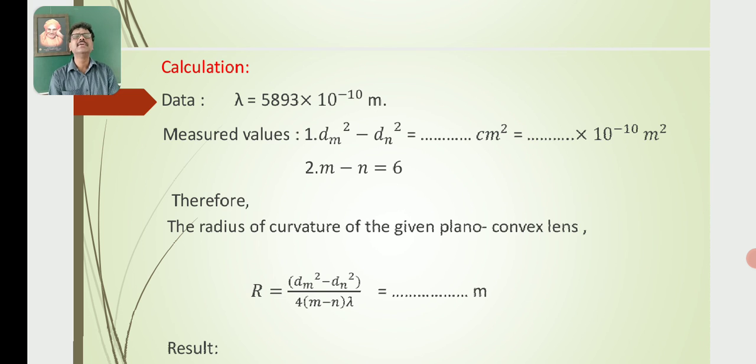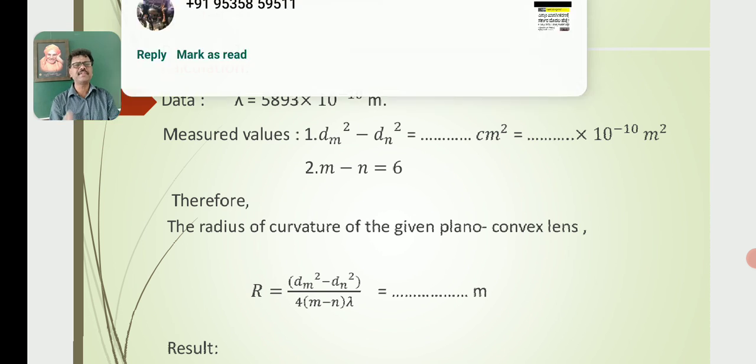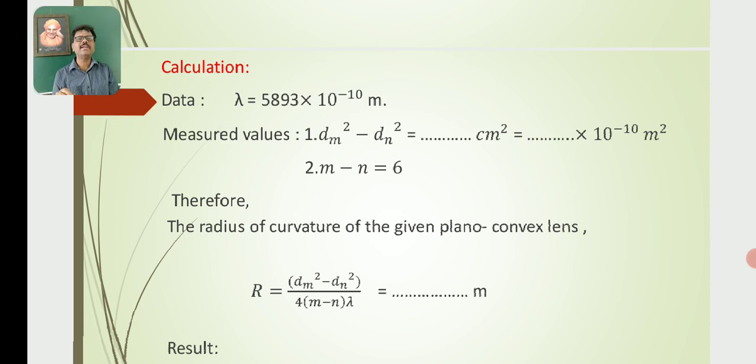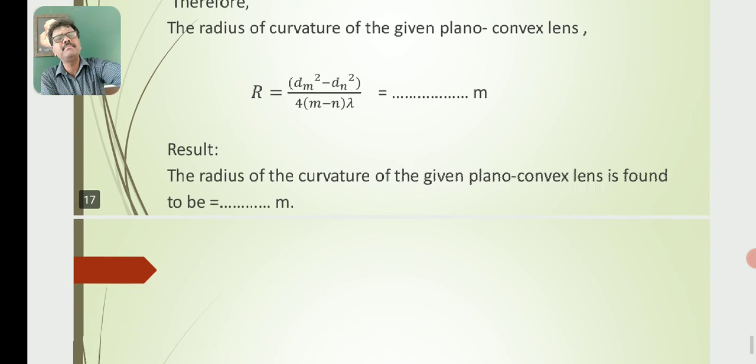Then m minus n, the difference between m and n, must be equal to 6. Therefore, the radius of curvature of the given plano convex lens can be determined with the help of the expression R is equal to dm square minus dn square divided by 4 into m minus n into lambda, which can be expressed in terms of meter.